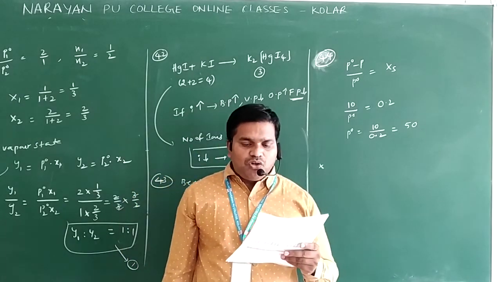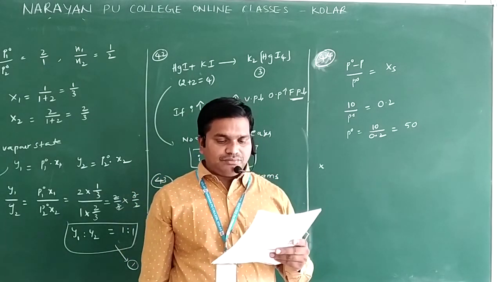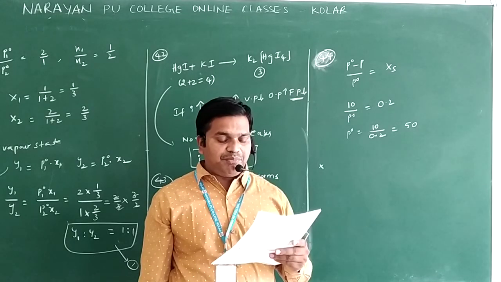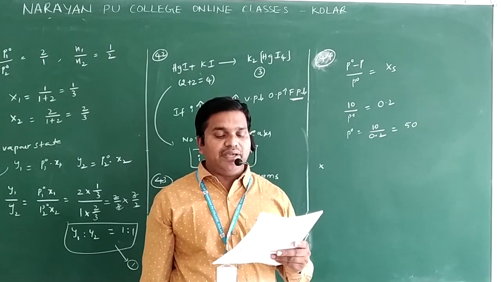What should be the mole fraction of the solvent if the decrease in vapor pressure is to be 20 mm of Hg?